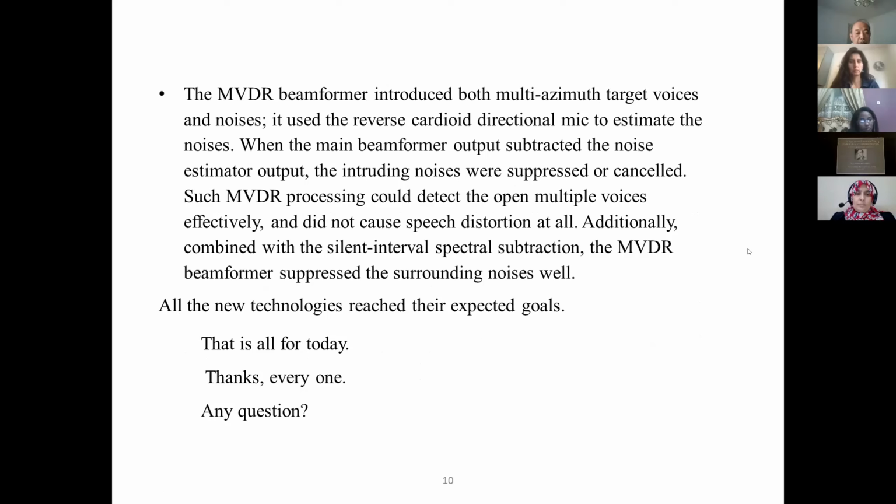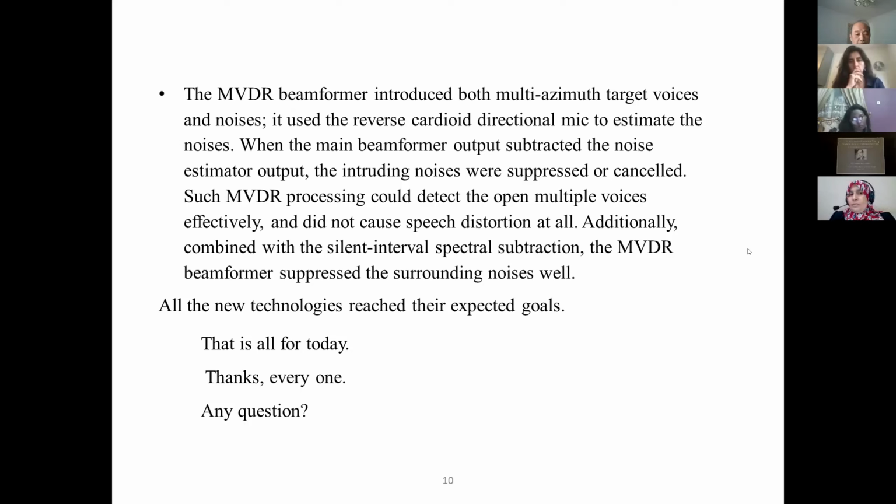The MVDR beamformer handled both multi-azimuth target voices and noises. It used the reverse cardioid directional mic to estimate the noises. When the main beamformer output subtracted the noise estimator output, the intruding noises were suppressed or cancelled.